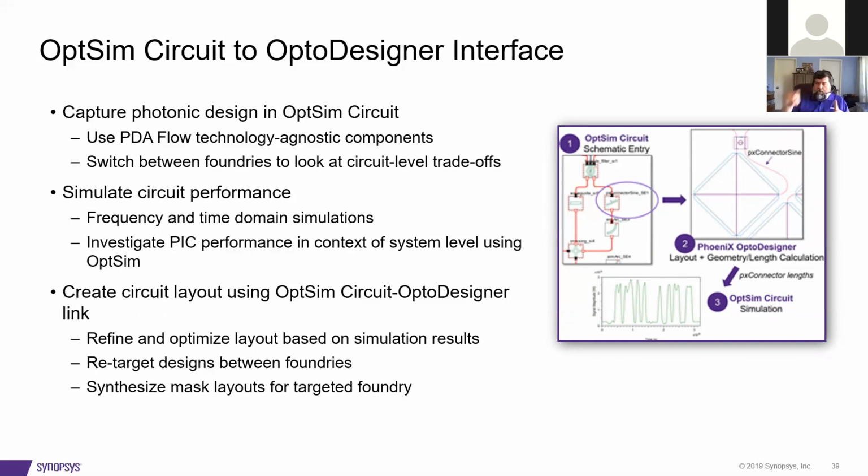What you need to do is know how your device is going to perform for a given input, what's going to be the output, and then you can place it into a larger scheme where you have a network. And then because OptSim Circuit knows about the internal workings of your device, it knows how it performs with input and output signals.